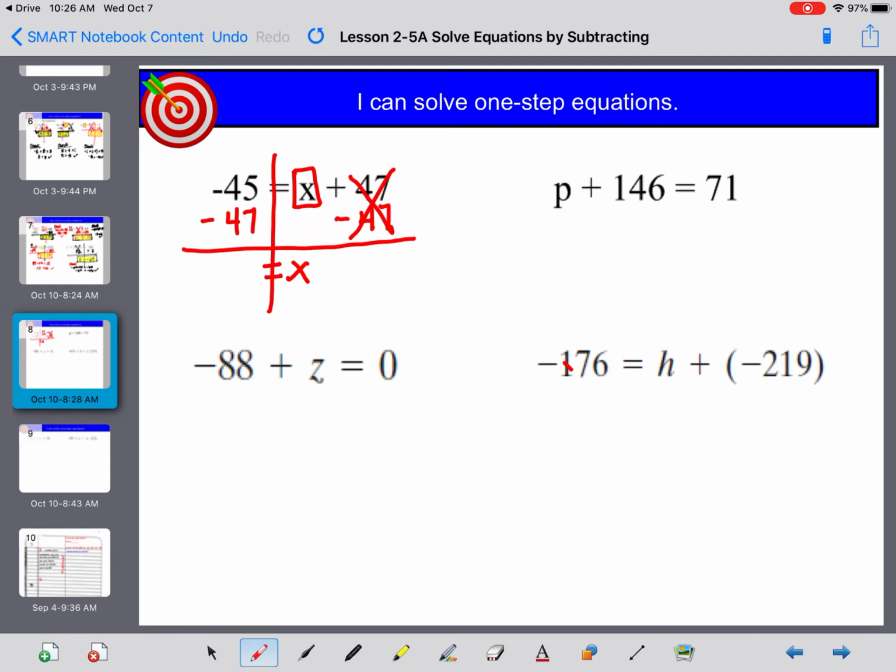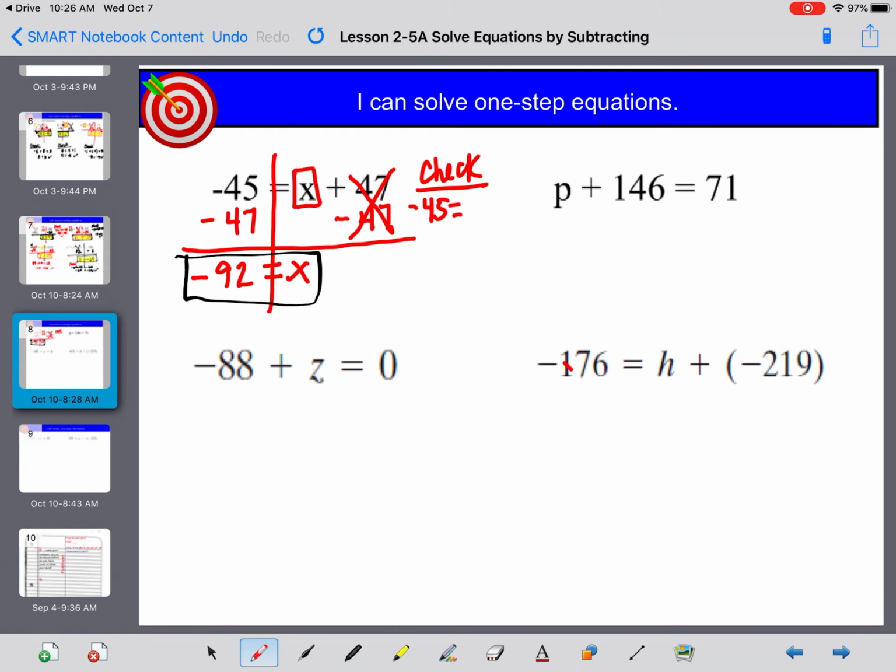Now I go to the other side without the variable. Negative 45 minus 47 actually ends up being adding the 2, and I get negative 92. Then you should check your work so you are certain that negative 92 is the solution.